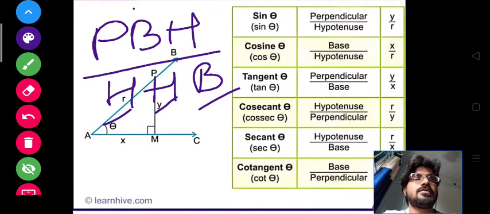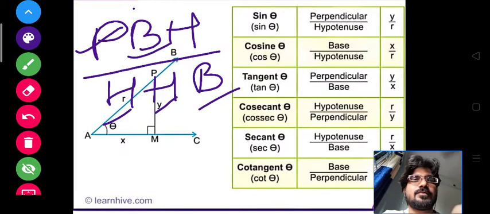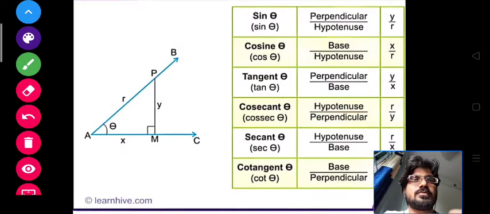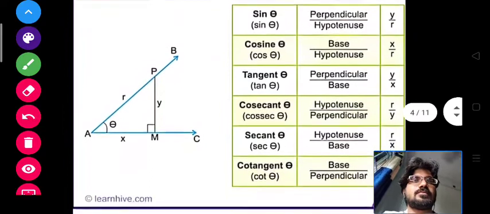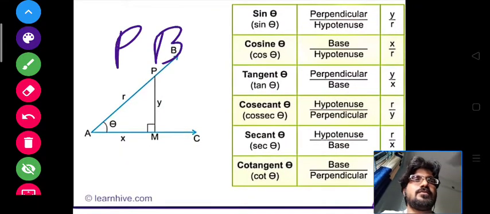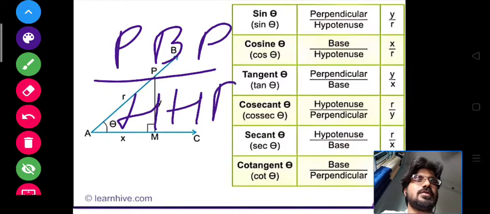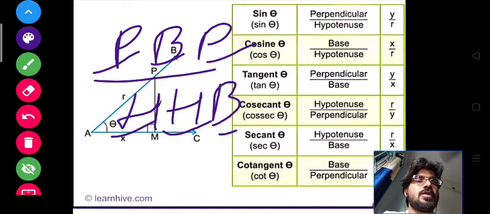So we have Pandit Badri Prasad and Har Bhole. P B P and H H B: Pandit Badri Prasad, Har Bhole.